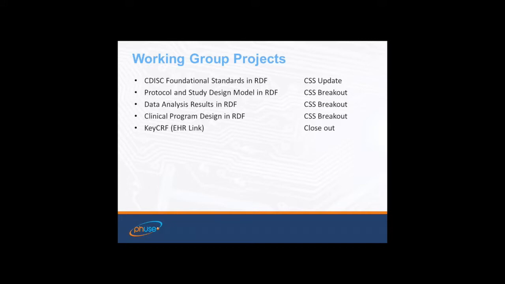Another problem is that standards are published on paper, PDF, in spreadsheets, etc., which makes it difficult to automatically process these standards. That's where semantic standards can come into play. That means formalizing these standards, making them computable and computer processable, and making sure that we can interlink these standards together.